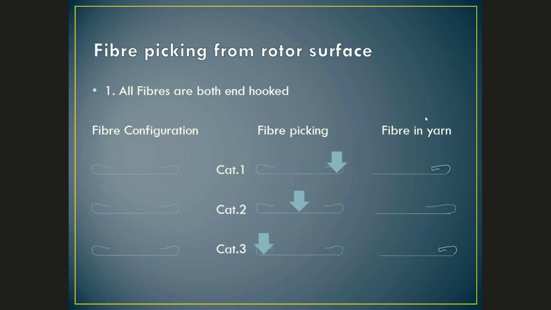It will be picked from here, and this will again form a leading hook, and this portion may get straightened out. So here you are finding that I'm feeding all fibers having leading as well as trailing hooks, but in the yarn all three have chances of formation of a leading hook, no trailing hook.